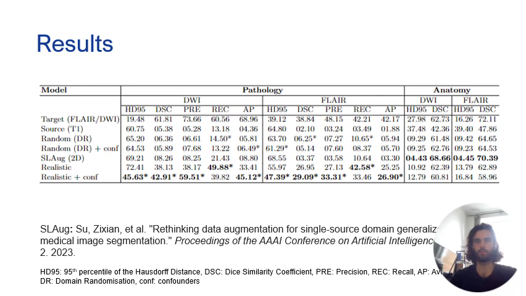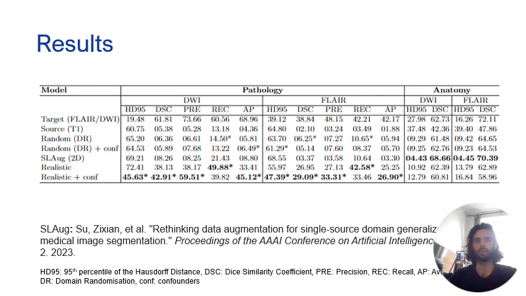We also performed experiments where instead of trying to segment the pathology, we tried to segment the anatomy. Here you can see that most of the models perform reasonably well. This indicates that in this case, contrast is less important than spatial information, and this makes sense considering we are now segmenting anatomy.